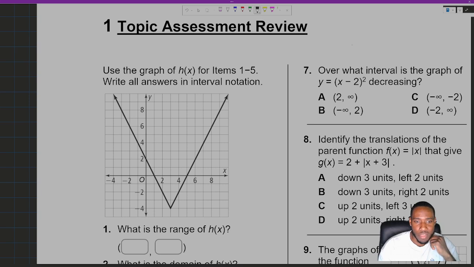So if I'm talking range, I'm talking about where this graph's lowest point, so I'll mark that here, and where the graph's highest points are. And because this is a positive absolute value function, what we should recognize is the top of its range, its highest points, are going to be infinite.